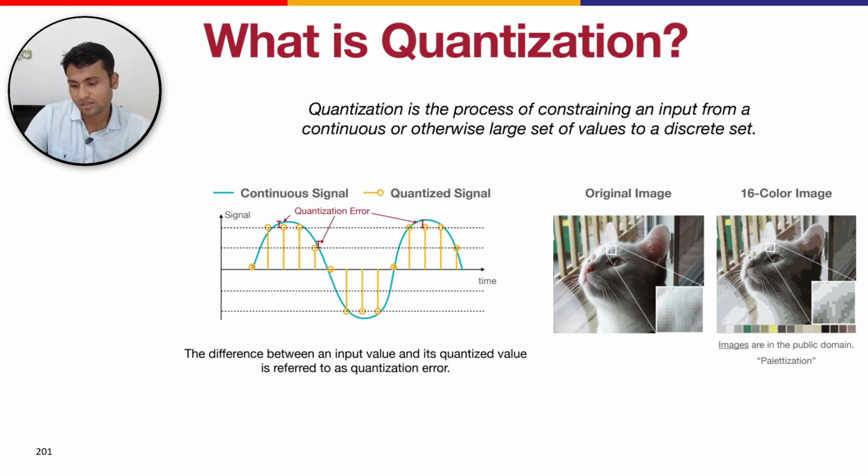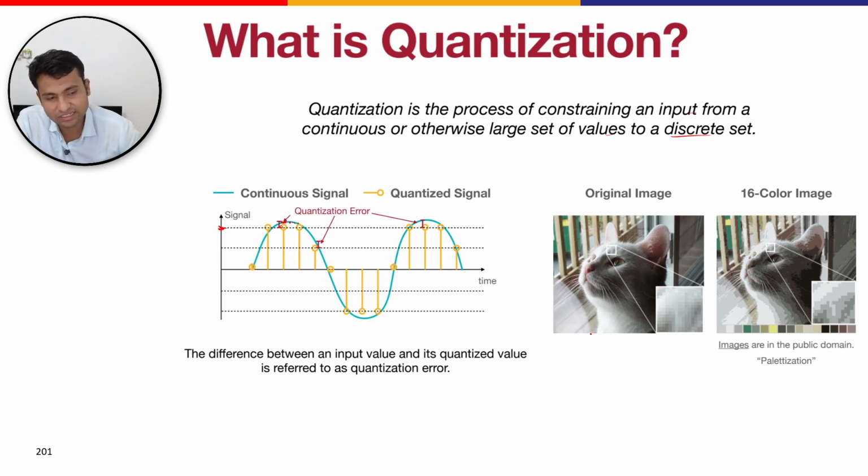Okay, so as we have already discussed what quantization is, the process of constraining an input from a continuous or otherwise large set of values to a discrete set. All these numbers which you see on top here will actually be mapped down to this number. Each of them will have a quantization error, like what it truly was and what we're representing it to be.